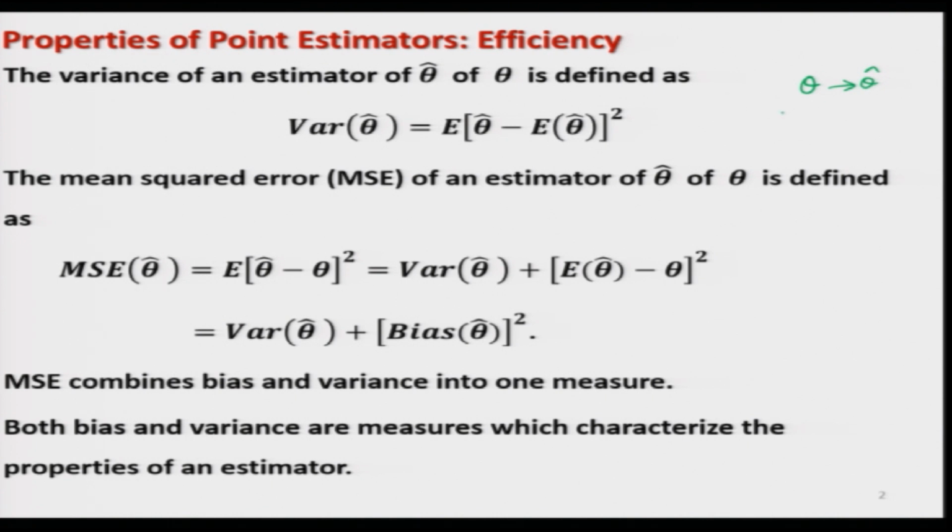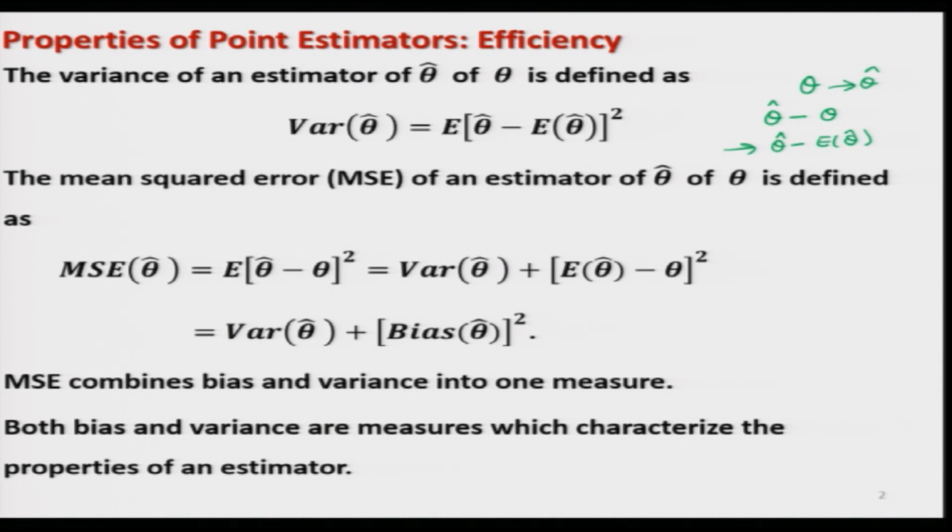I tried to measure the deviation of theta hat from theta like this, theta hat minus theta, or I try to measure the deviation of theta hat from theta in terms of its mean value. So, I try to consider here theta hat minus expected value of theta hat. Now, using these two concepts, we have two measures of variability. One is variance and another is mean squared error.